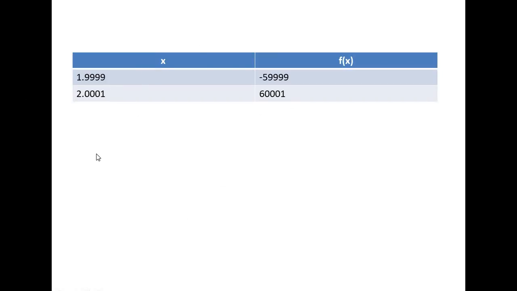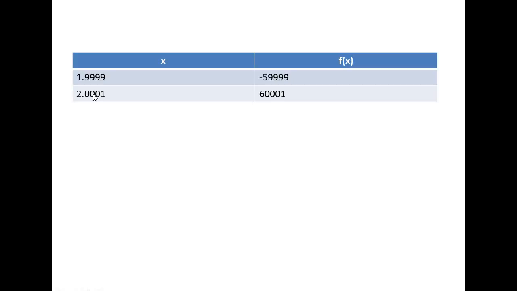Now we have to determine the behavior of the graph and what its general shape is going to look like. We take 2 points that are close to the vertical asymptote. If x approaches the vertical asymptote from the smaller side, the value of y is going to be very negative.